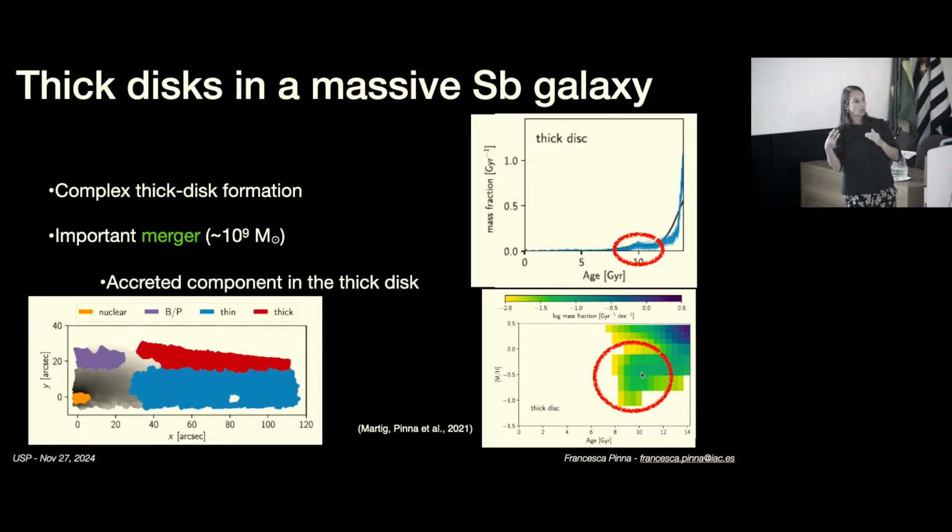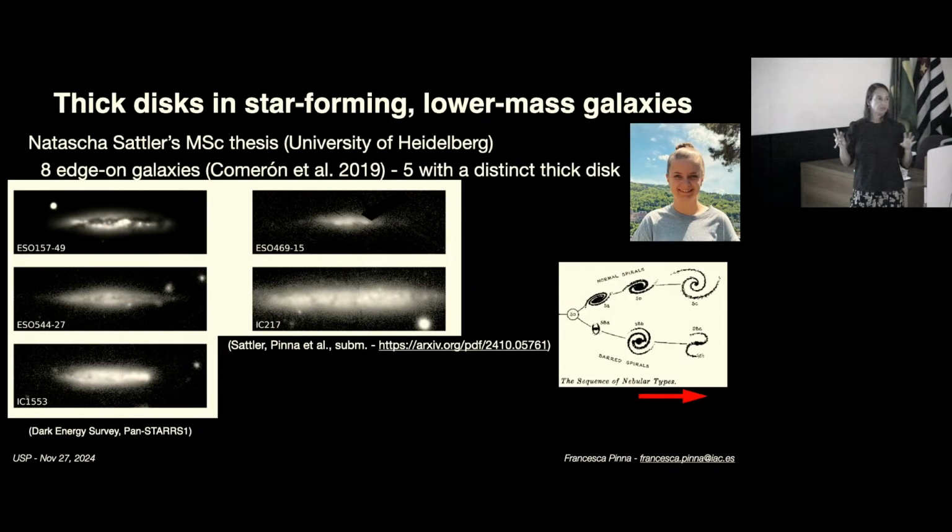What happens when we go to the part of the Hubble sequence with the latest type galaxies? And so now we'll show a very different sample. This is a sample of 8 edge-on galaxies for which MUSE data were released by Sebastian Comerón et al. in 2019. We show their kinematics in a second.